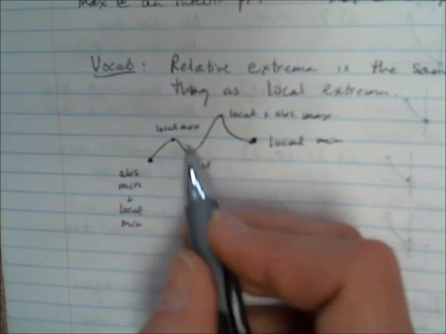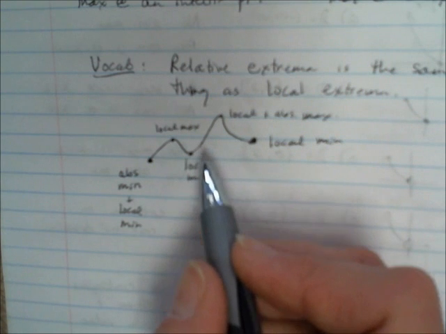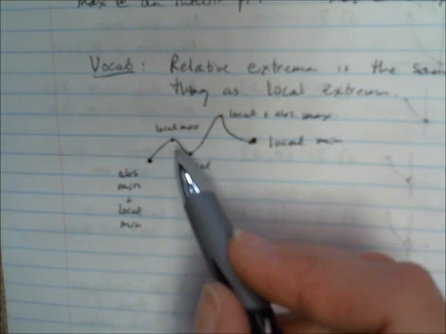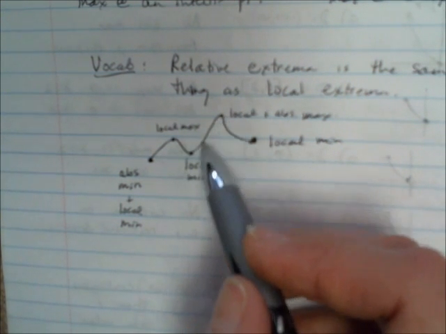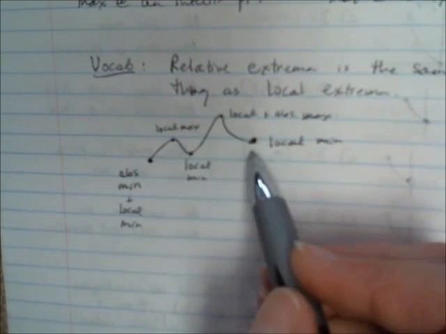So what we would do if we had a function that looked like this, we just calculate the derivative. It looks like the derivative is either 0 or undefined at 1, 2, 3 spots. So we check the original f of x at those 3 x values, and then we'd have to check them at the endpoints too to see whether or not they're absolute or relative.